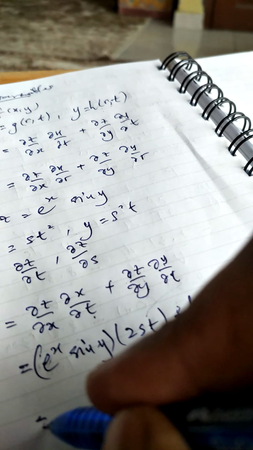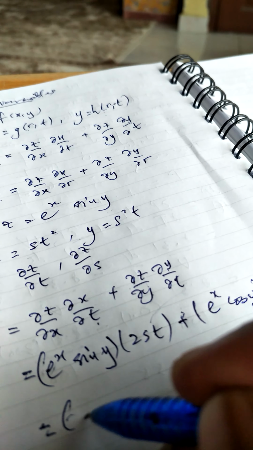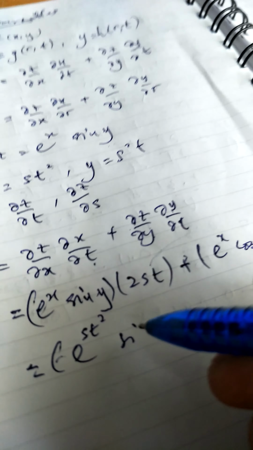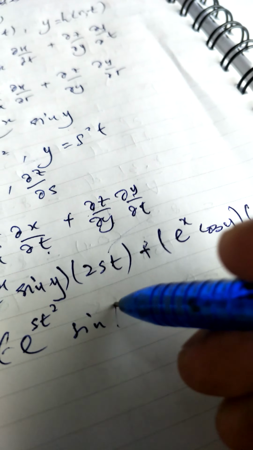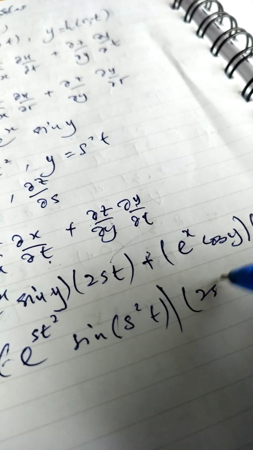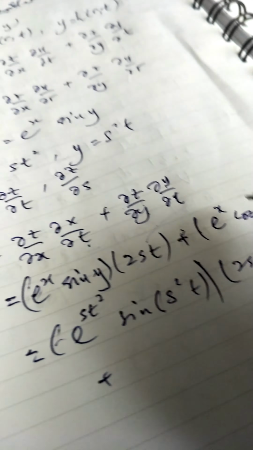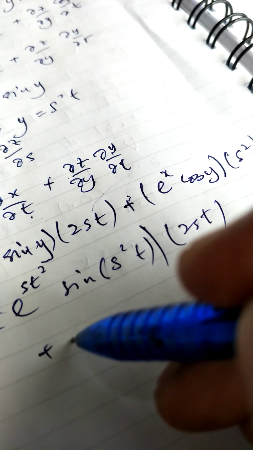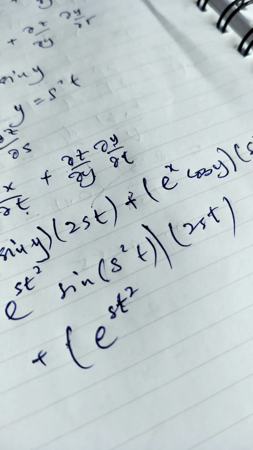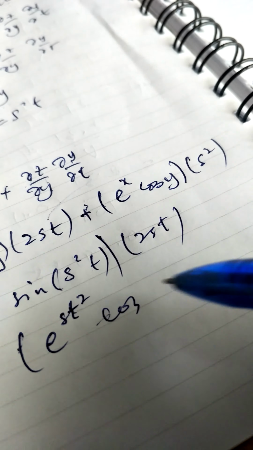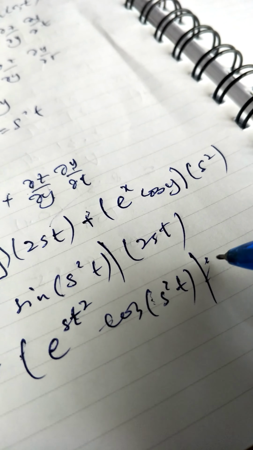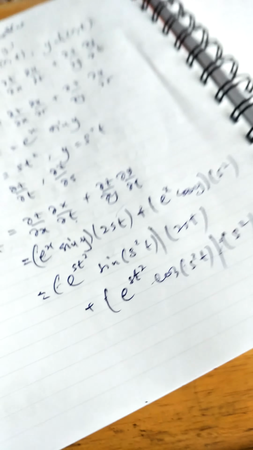So you have e^(st²) sin(s²t), your x is st² and y is s²t, then you have 2st, plus e^(st²) cos(s²t) and then s². Then of course you can simplify further.